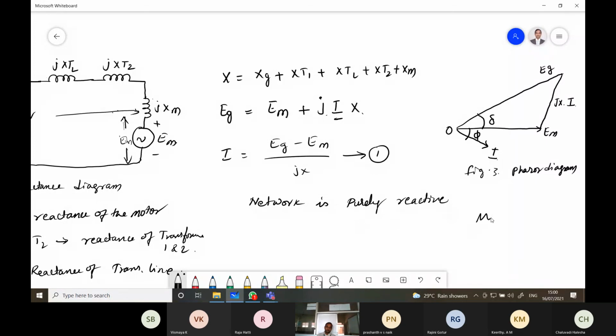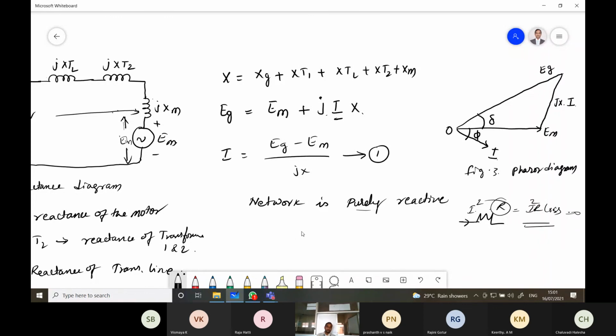If resistance is present, the current flowing through the resistance gives I squared R loss, which is considered as loss. Suppose there is no resistance, it is a purely reactive circuit, so losses will be zero. That is, the copper losses will be zero.